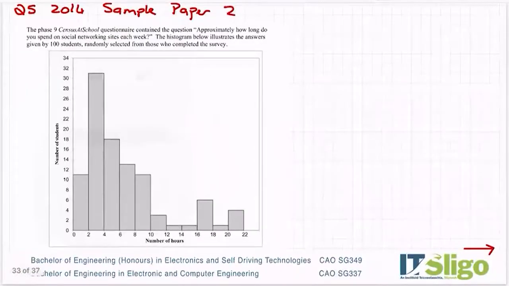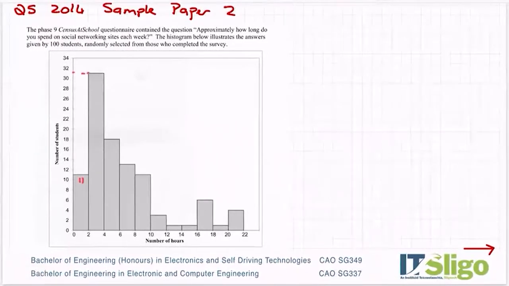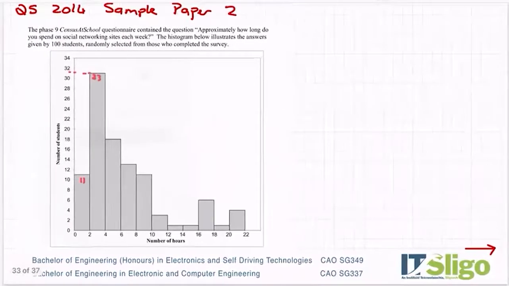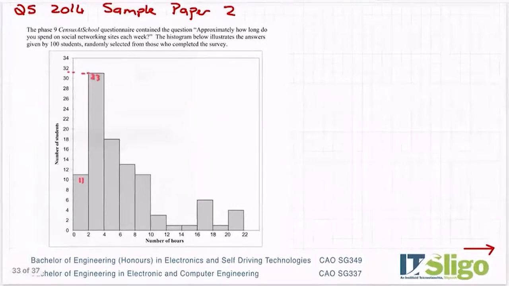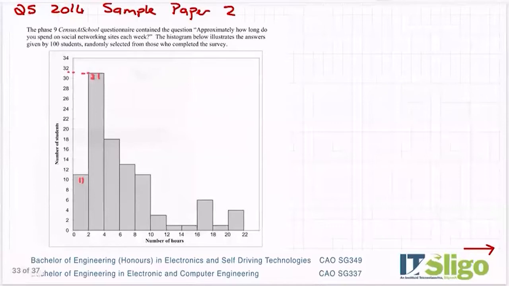Between 2 and 4, I'm putting my ruler across, and it looks like 31 students there. So 31. Okay, let's go to 4 to 6. So again, I have my ruler down. It's 18 students.